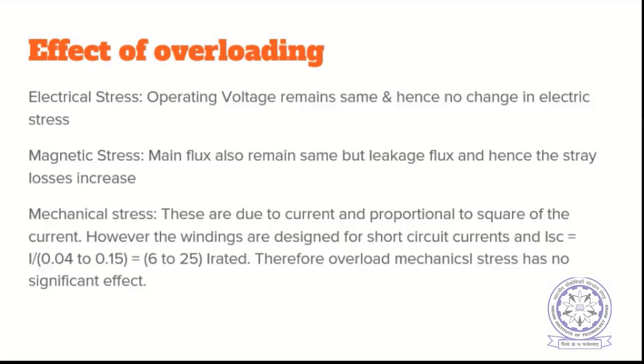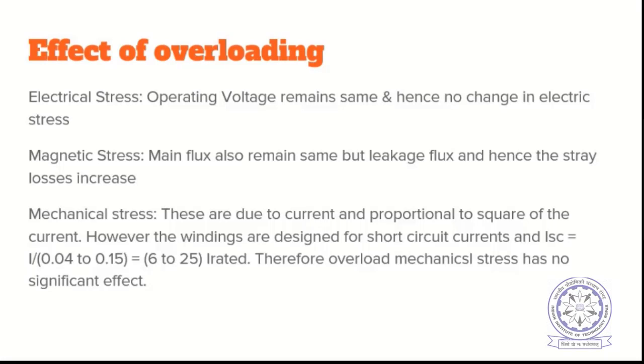That should be the definition. It may leak through the core, but it may still link both windings sometimes, so you cannot call it leakage. If the flux links only one of the windings and does not link the other winding, that flux is called a leakage flux.